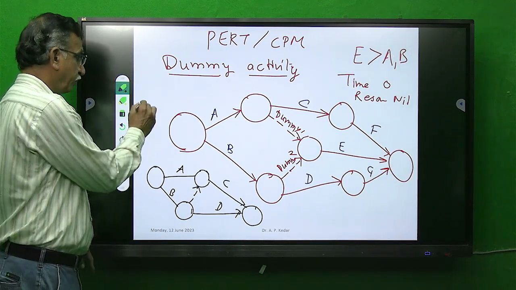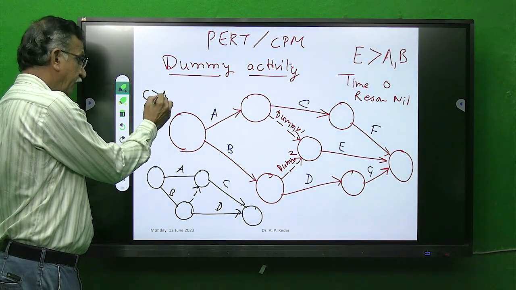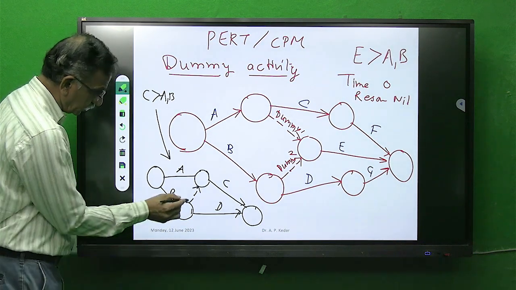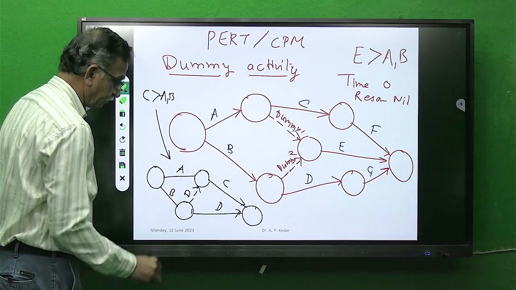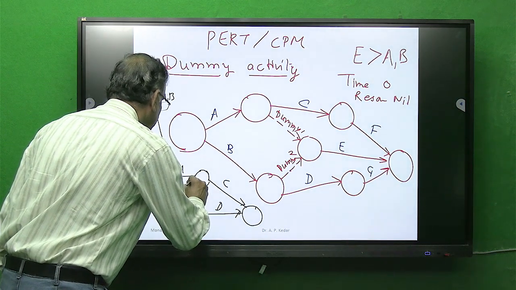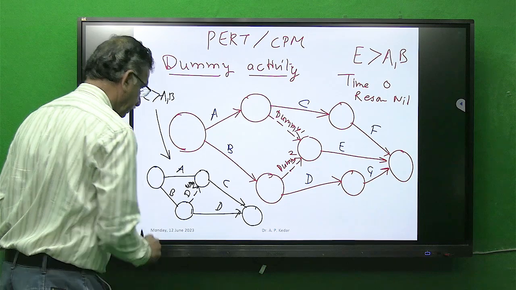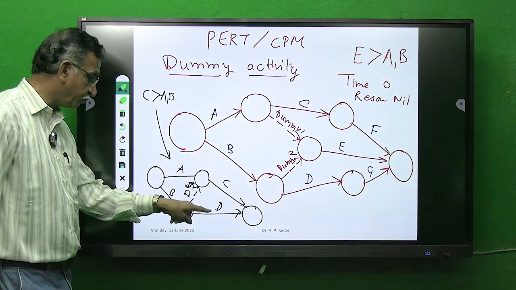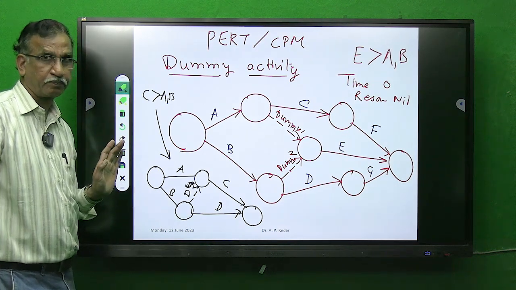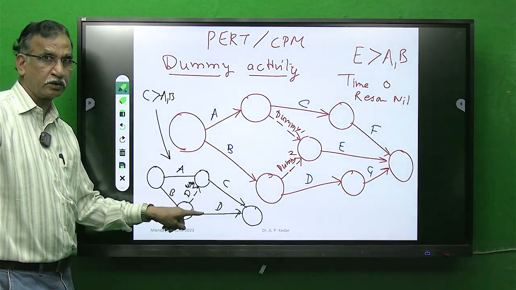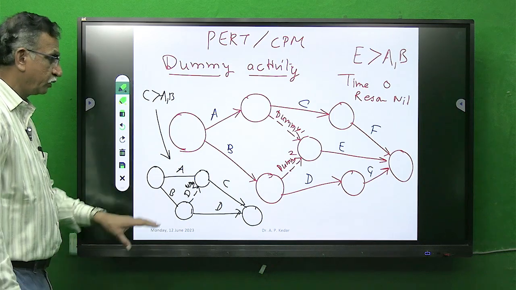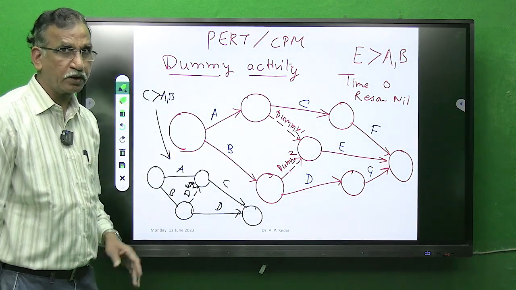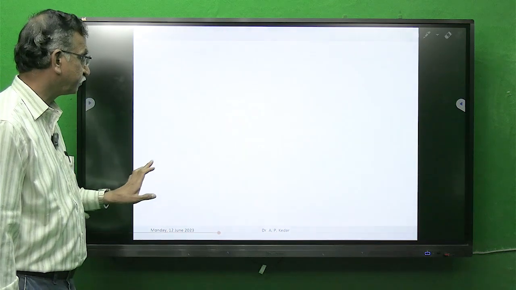If it is given that C is greater than A and B, then you have to use this logic. Here this is dummy, D-U-M-M-Y. This indicates C depends on A and B both, but D depends only on B. We have seen this in our earlier lectures. I want to emphasize that this logic is required in both PERT and CPM.